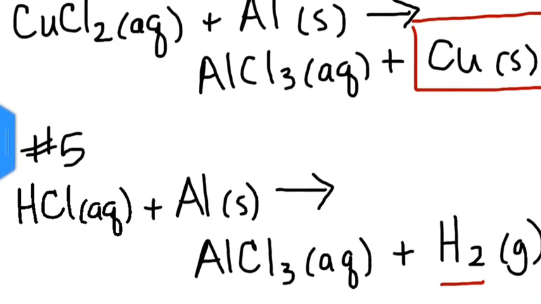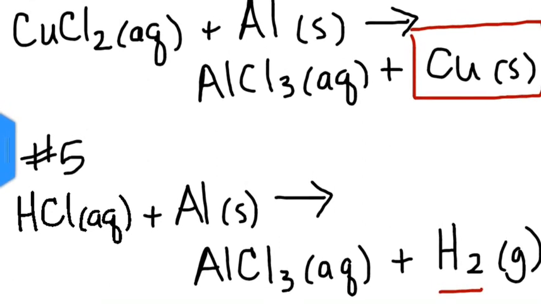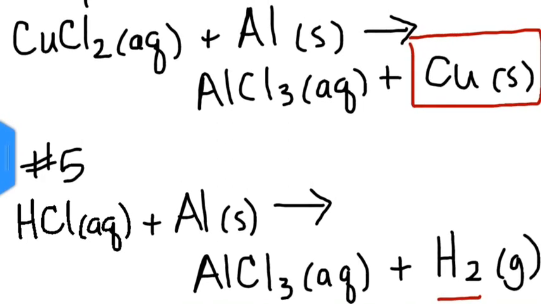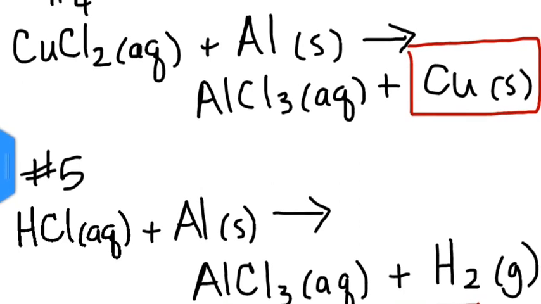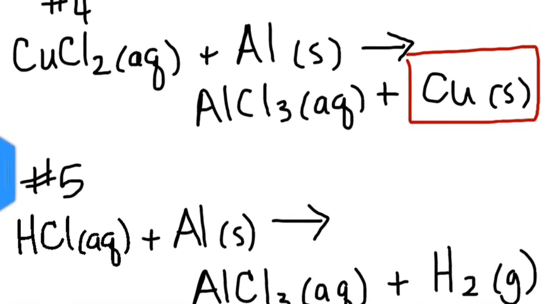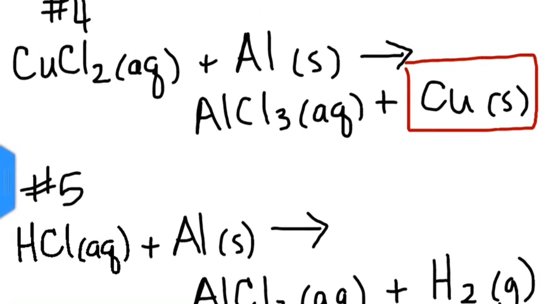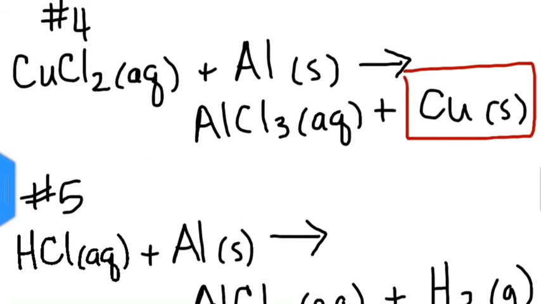The reason we're showing 2 reactions happening simultaneously is because the copper 2 chloride is going to react with the aluminum wire in a single replacement reaction, and the excess hydrochloric acid from the previous addition of hydrochloric acid in reaction 3 is going to also react with the aluminum.